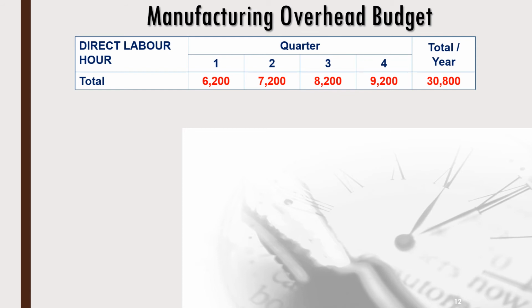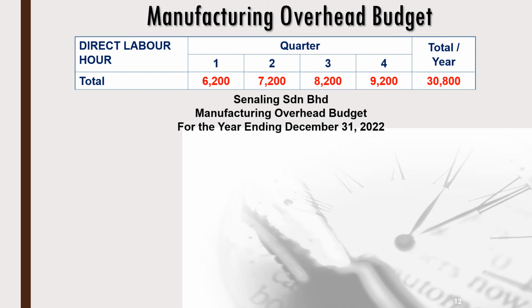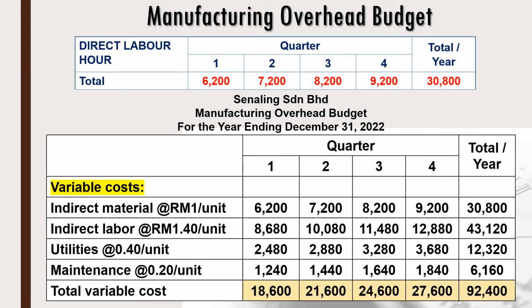The amount of the direct labor hour is based on the direct labor budget that has been made before. To answer the question, firstly, write down the title. Snelling Berhad Manufacturing Overhead Budget for the year ending December 31st, 2022. Okay, now we take a look at quarter 1.